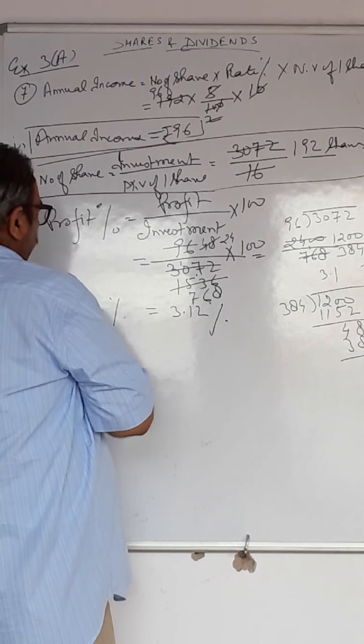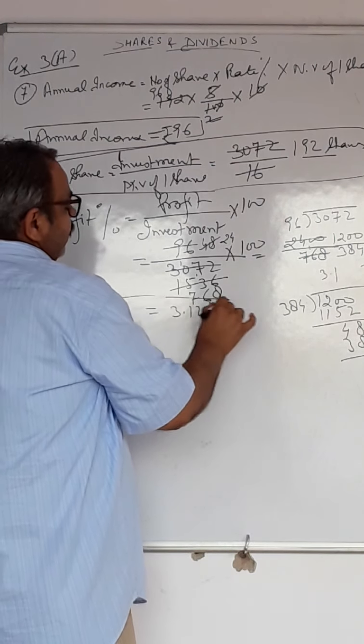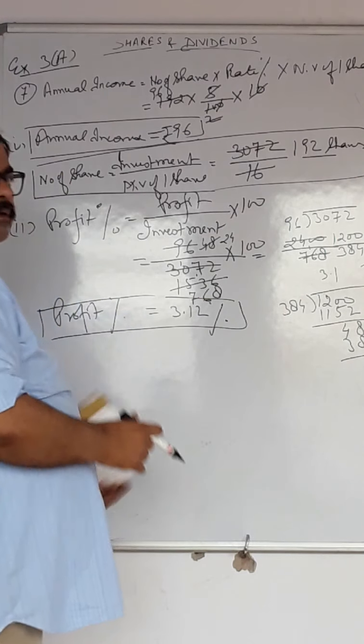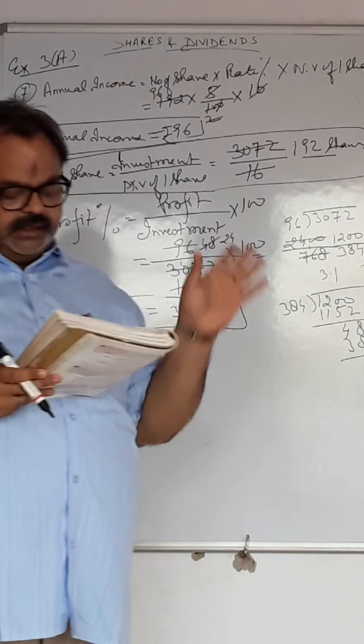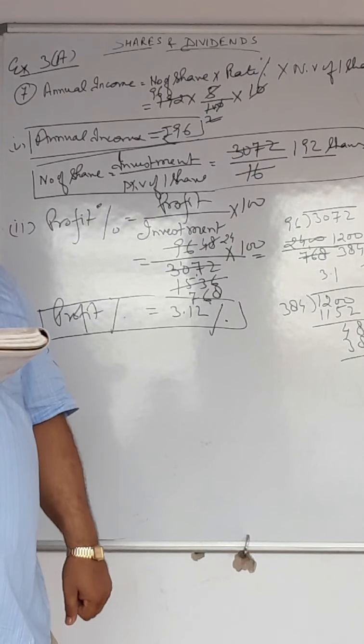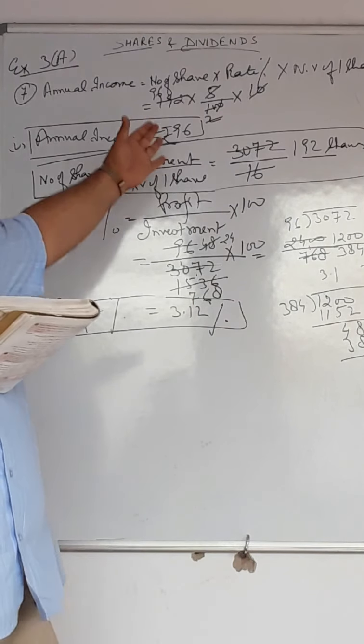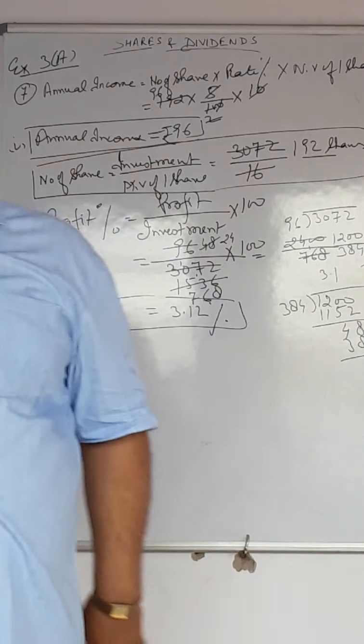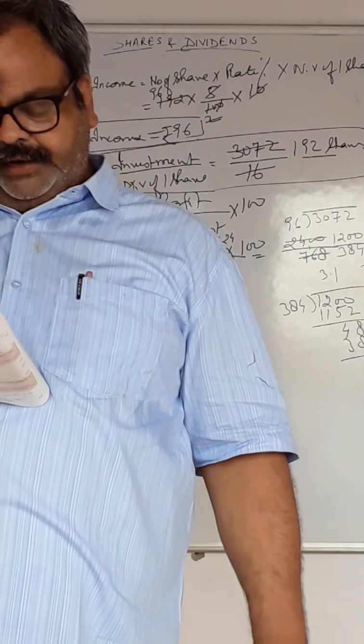Profit percent 3.12%. Please check second part. See, the calculation should be clear, cancellation should be clear, and the formula is a must to write.